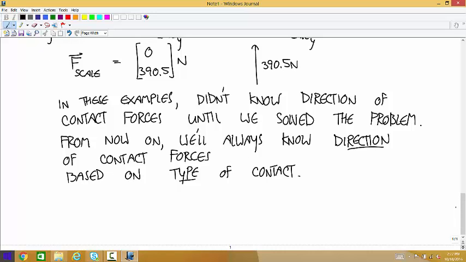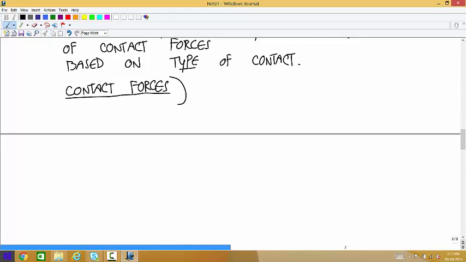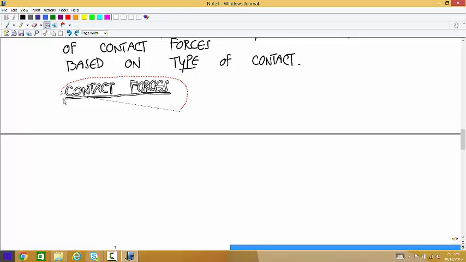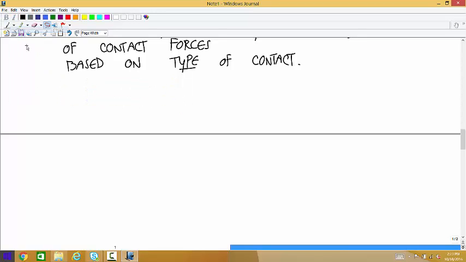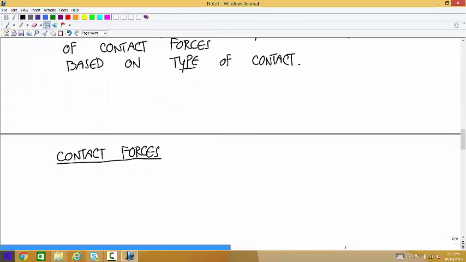And so here are the two types of contact forces that we're going to deal with. The first one is the pulling force applied by cables.